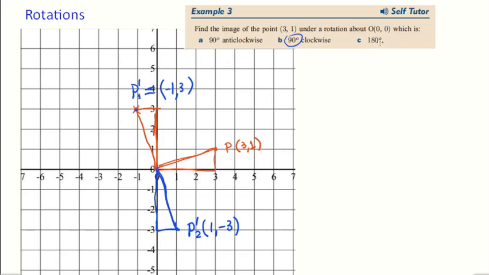And if it's rotated 180 degrees, you could just continue this line. You would observe it's the same gradient, right? You could also draw this triangle here, so it works regardless of which angle you're looking for. So you would have, let's say, P3', and the coordinates would be negative 3 and negative 1.